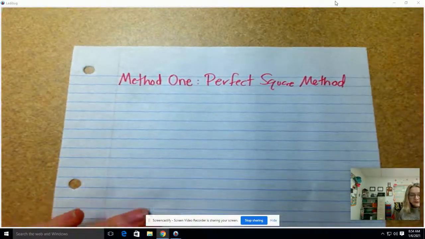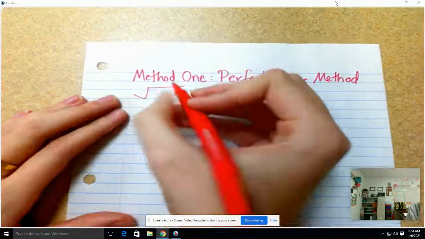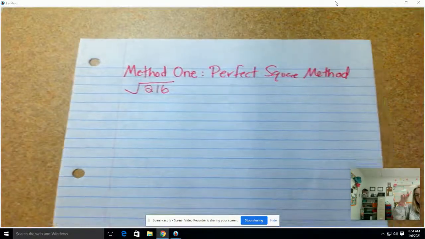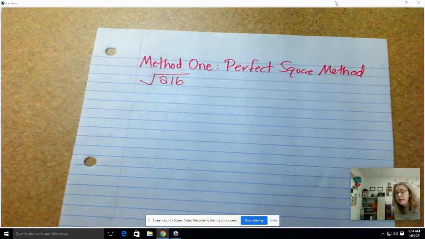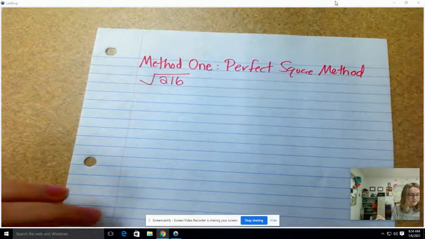All right, for the perfect square method, you'll be given something like this. You'll be asked to find the square root of 216. So we already know it, or we're using our calculator and we're like, oh, it's not a perfect square. Because if I put the square root of 216 in my calculator, it's going to give me some big wonky decimal.